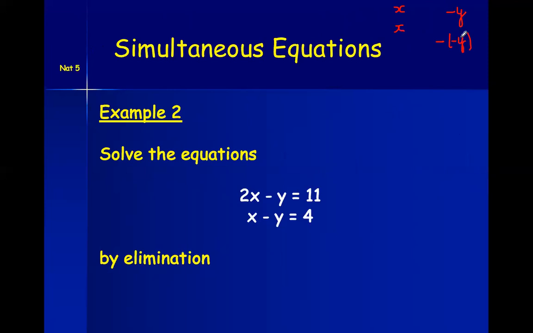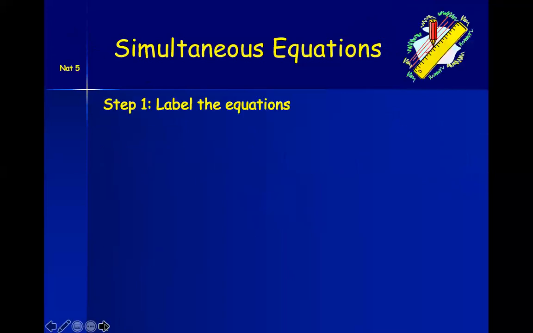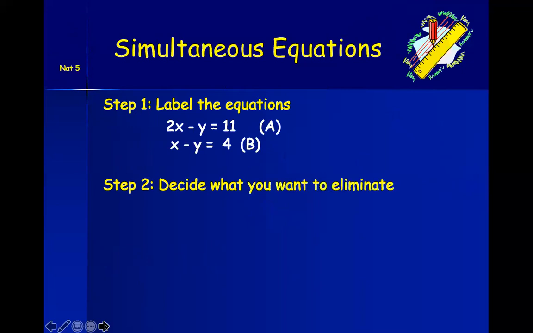Because a minus minus, remember we said, was a positive. So here, x minus x was 0. Minus y minus minus y is 0 too. So before you eliminate, label your two equations A and B, and decide what you want to eliminate.